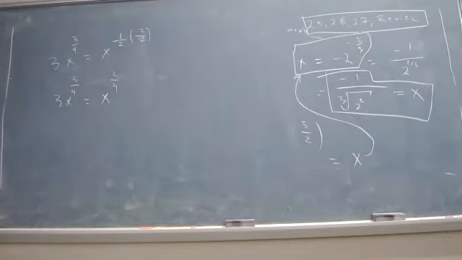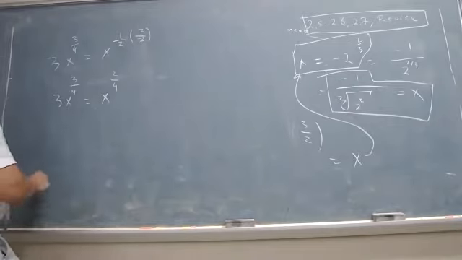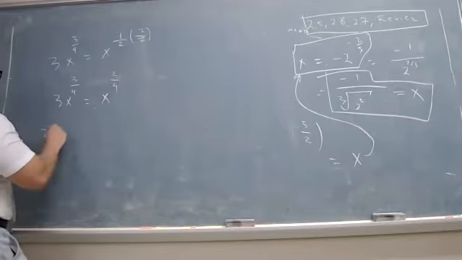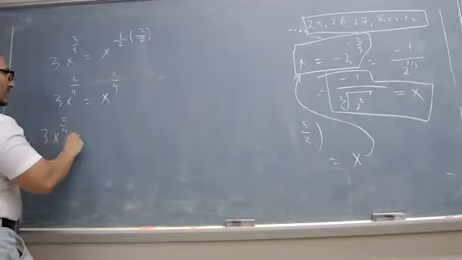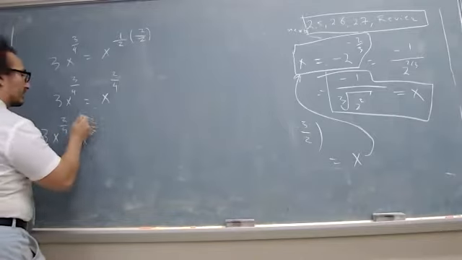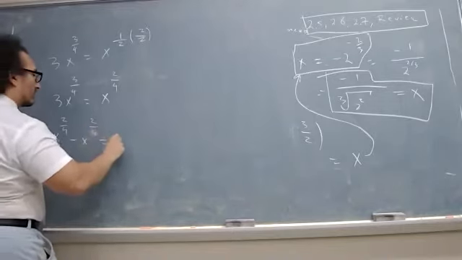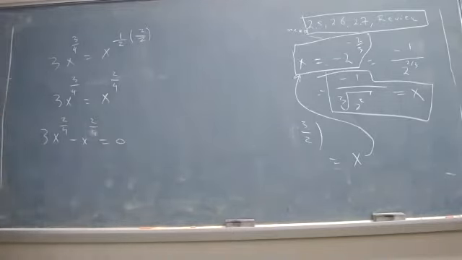Why do we even wish to establish a common denominator? Well, it's because this is going to allow us to solve for x. Notice that if I subtract this term, I get this.